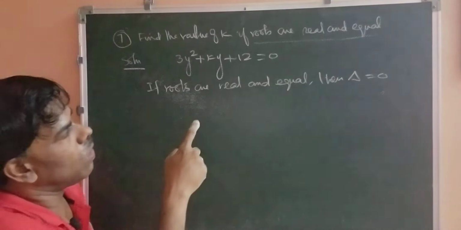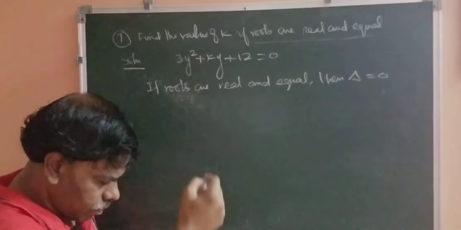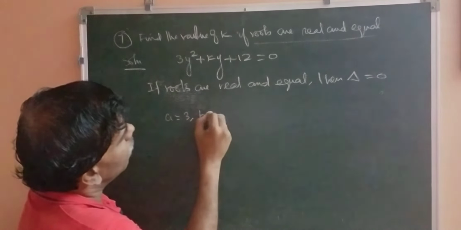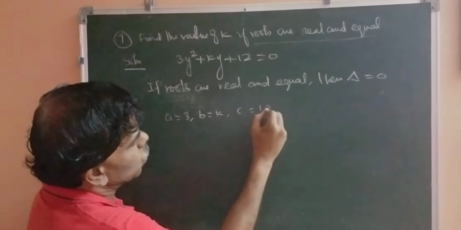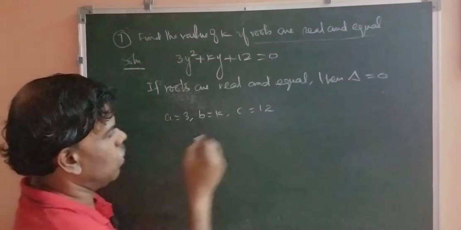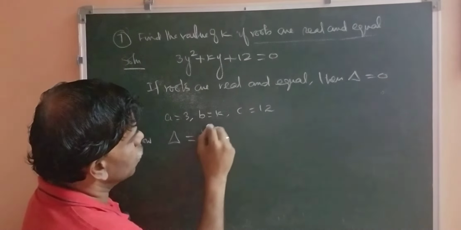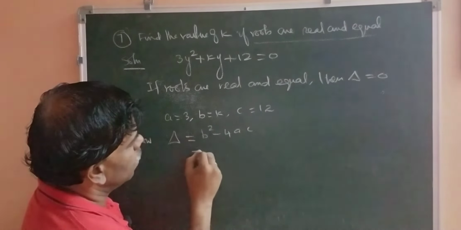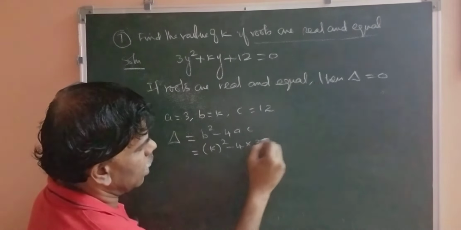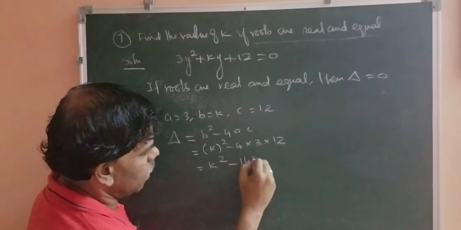So we have to find the discriminant value. Before that we will write: what is A here? 3, B is k, C is 12. Now we have to find del, that should be equal to 0. So del equal to B square minus 4AC. What is B? k square minus 4 into 3 into 12 is equal to k square minus 144.